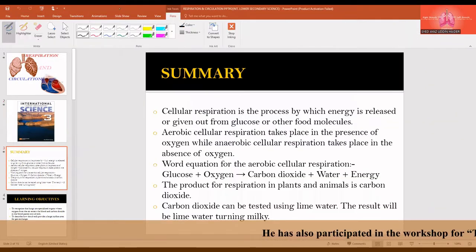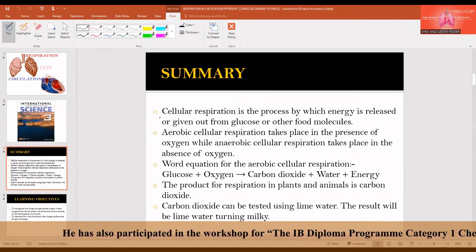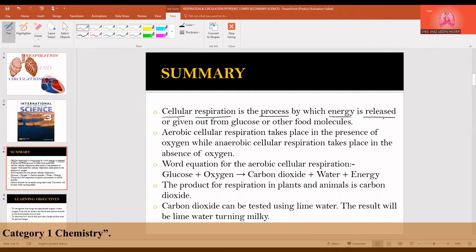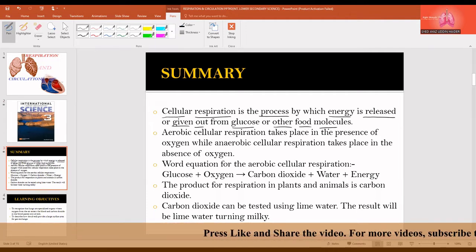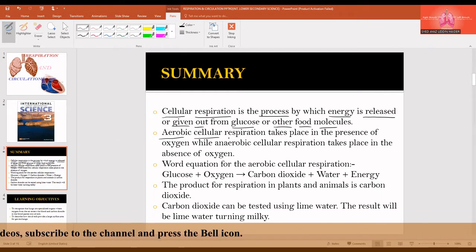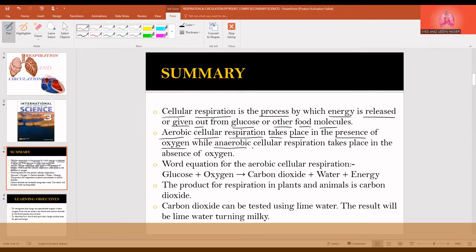So here's a summary of the last lesson. Cellular respiration is the process by which energy is released or given out from glucose or other food molecules. Aerobic cellular respiration takes place in the presence of oxygen, while anaerobic cellular respiration takes place in the absence of oxygen.